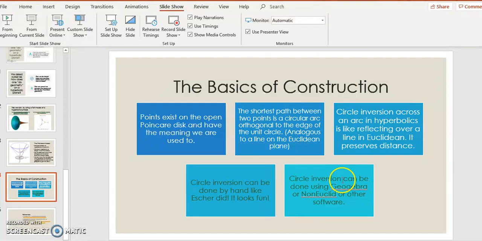And the last point here is that circle inversion can be done and is done using programs such as GeoGebra or non-Euclid, and that's what I said was going on behind the scenes, and that's what we were wondering about. What's going on? Why can we do all this stuff? It's because of circle inversion on this generic flat plane surface that allows us to do regular geometric constructions and proofs like we would do on a flat plane Euclidean surface that we're used to doing them on.